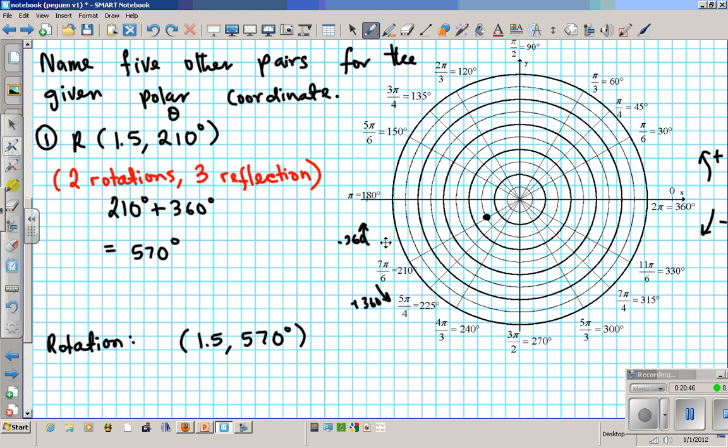So what if I go the other direction, full circle, like this? How does that apply to the angle? That just simply means I'm going to take 210 and subtract 360. What is 210 minus 360?